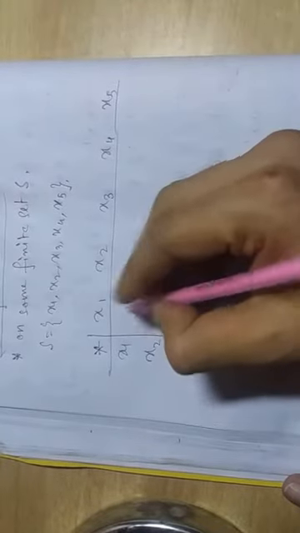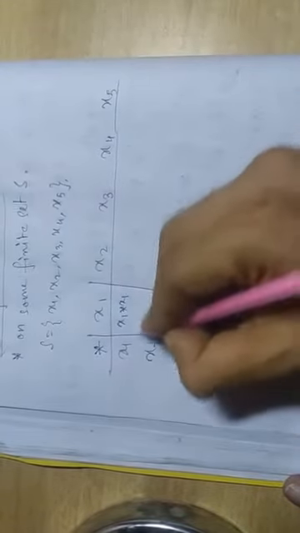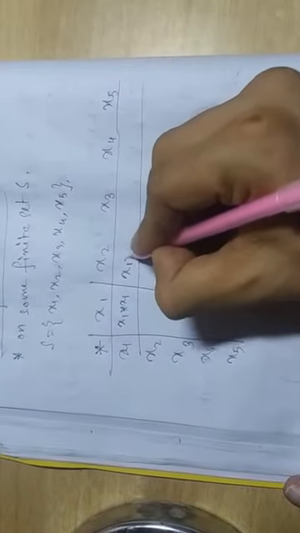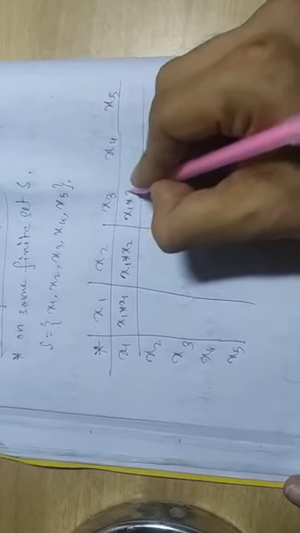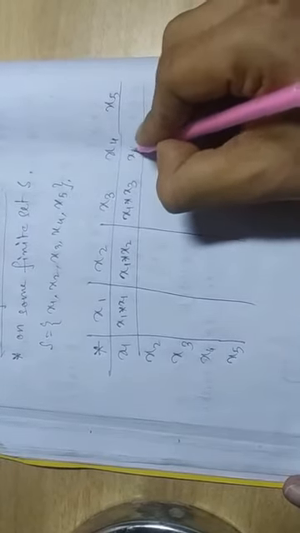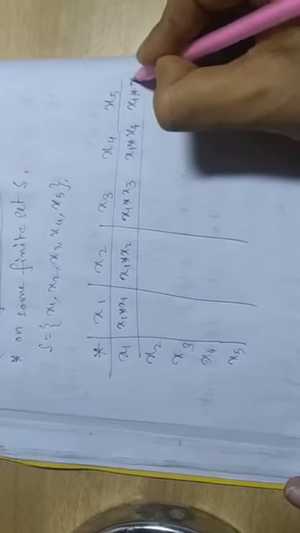So in this cell we will put the value of x1 star x1, whatever it is. Here x1 star x2, here x1 star x3, x1 star x4, x1 star x5.